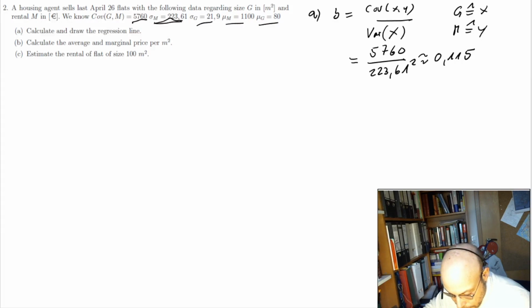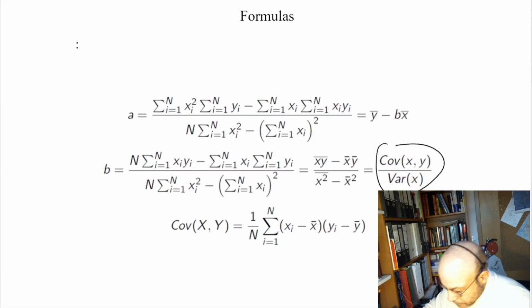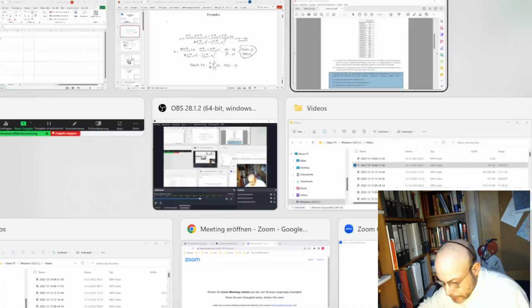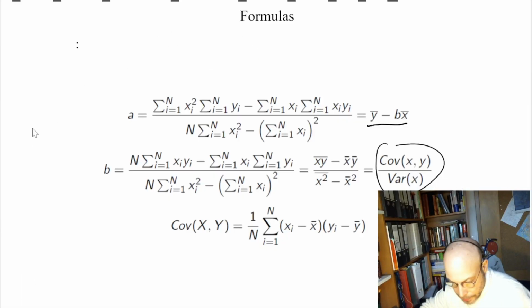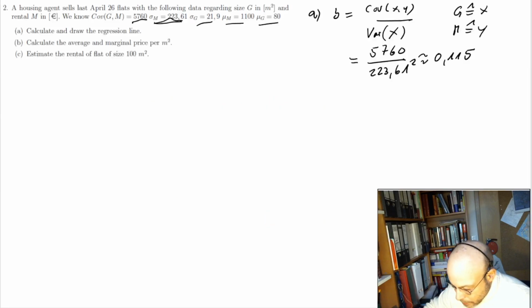And for A, what do we have? A is Y bar minus B X bar.